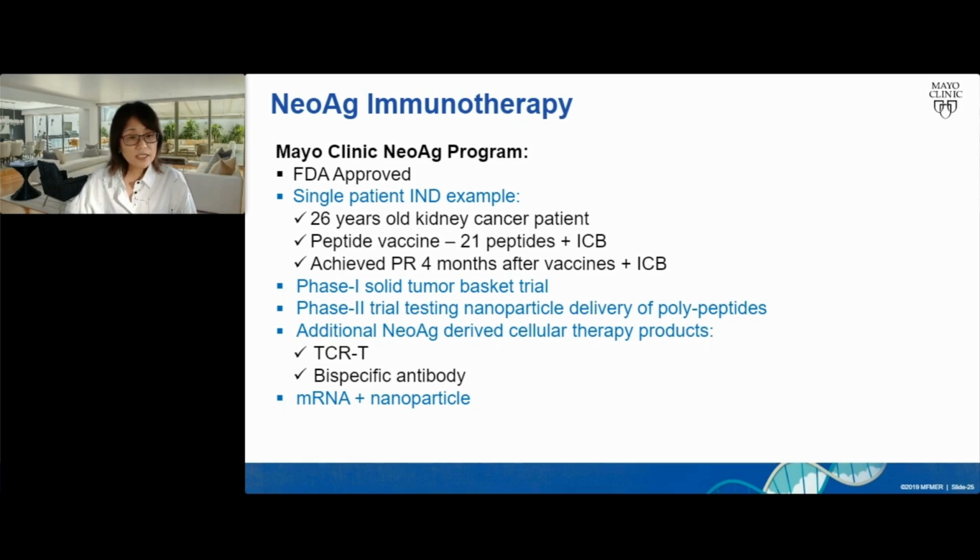We have a phase 2 trial in development to test nanoparticle delivery of the polypeptide neoantigen vaccines. We also developed different neoantigen-derived cellular therapy products, including TCR-T and bispecific antibodies.